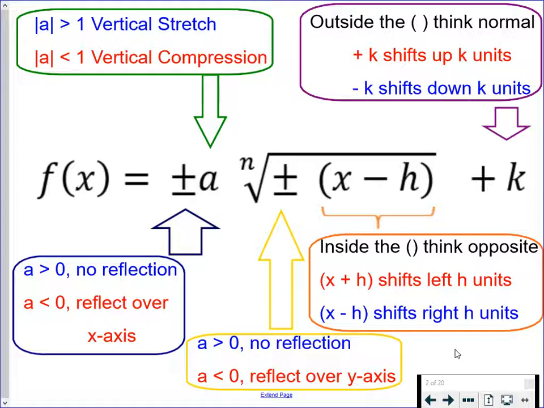Okay, so with transformations, we first have to know the parent function. Just like with quadratics, we had the parent function, which was 0, 0, 1, 1, negative 1, 1, 2, 4, and so on. Same thing, we're going to have a parent function for the square root and then the cubed root as well. The square root of 0 is 0.